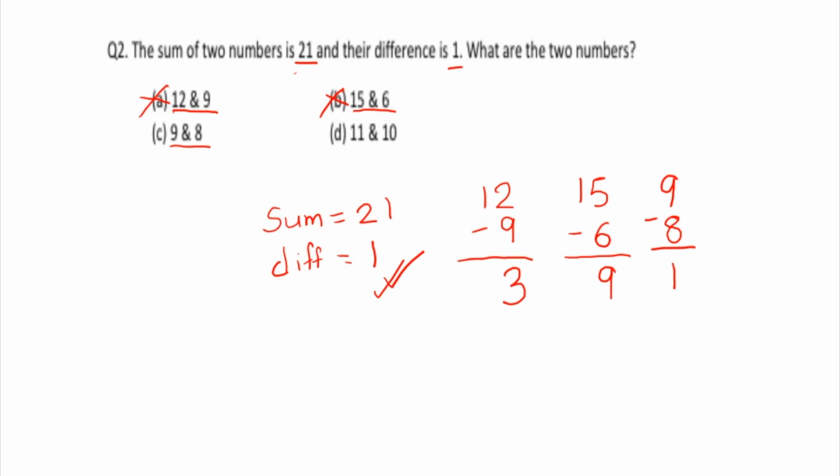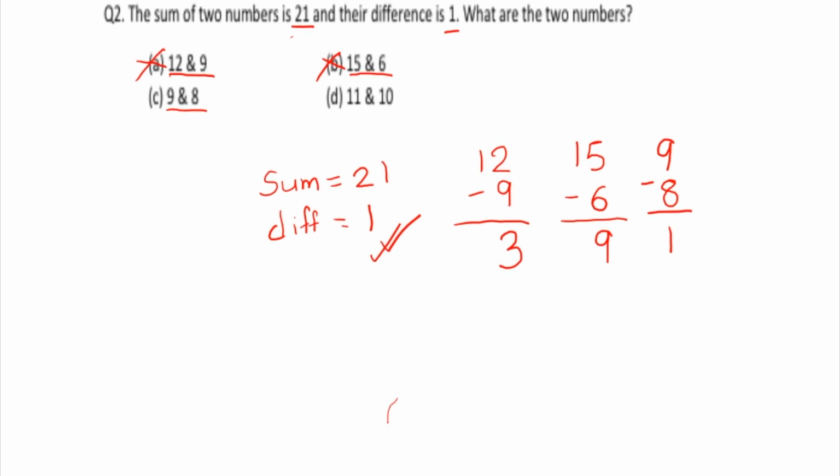So how much will 9 plus 8 be? 17. The sum must be 21. It fulfilled the first criterion, the difference should be 1, but the sum should be 21 as it is 17. So this is also not the correct answer.